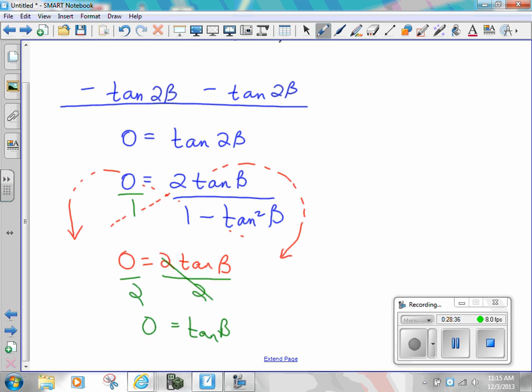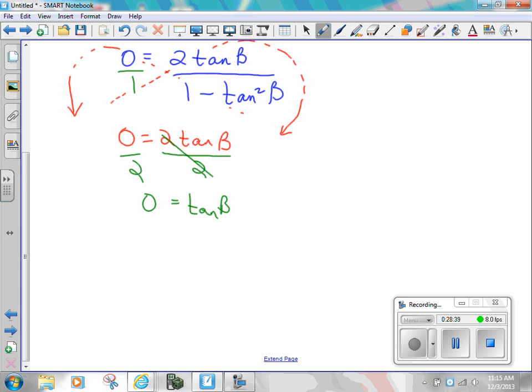0. How am I going to find the inverse? Beta is equal to the inverse tangent of 0. Nasty, we really got to think. I need my tangent value to be 0. How do I find tangent? Sine divided by cosine.